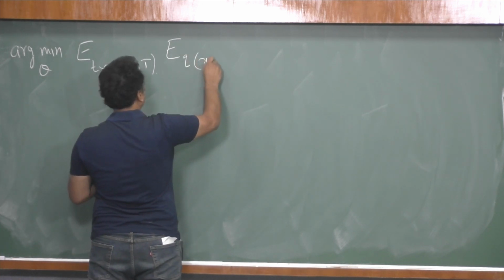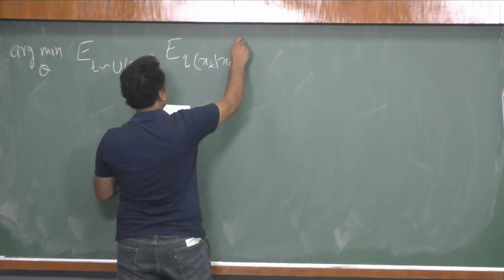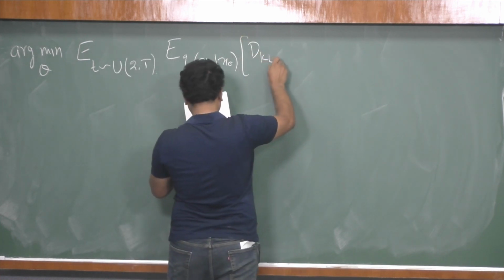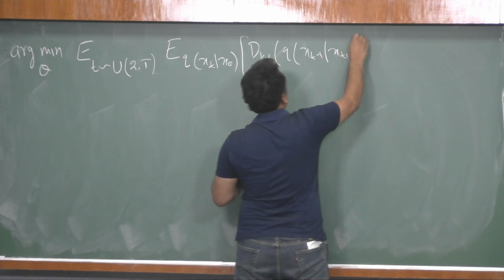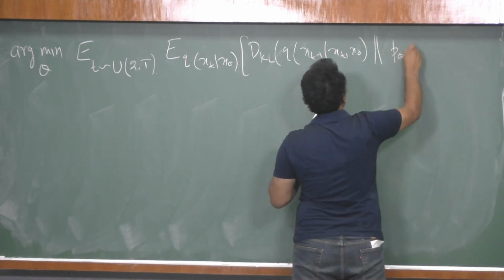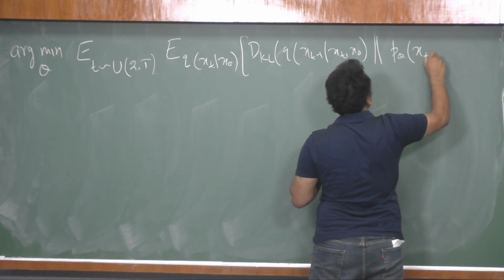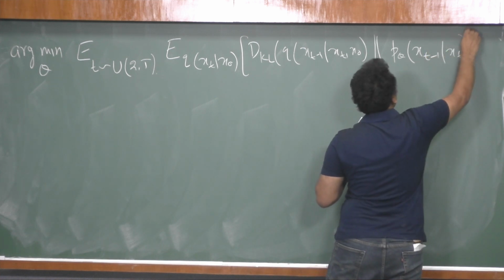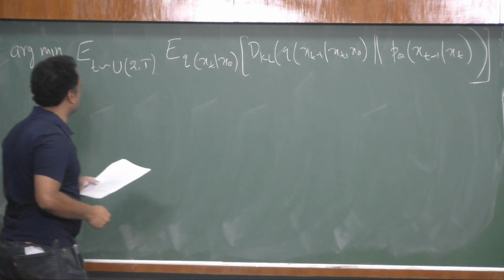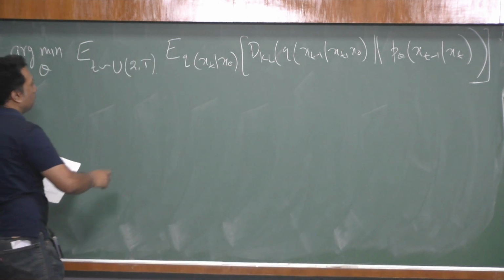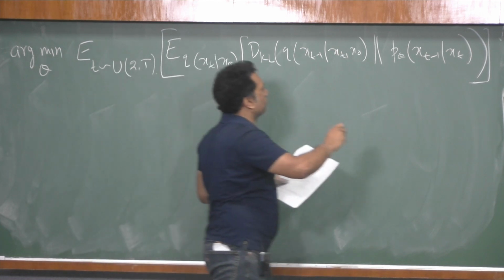So the expectation over xt, x naught, of dkl q of xt minus 1 given xt, x naught, and p theta of xt minus 1 given xt. Okay, so there is an expectation outer, so we can also put one more parenthesis.